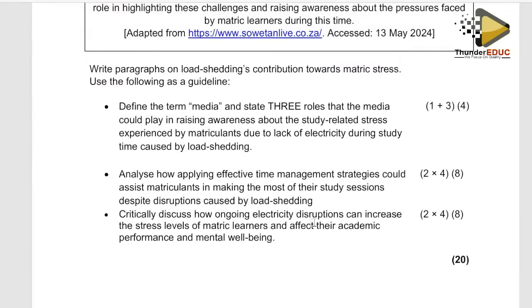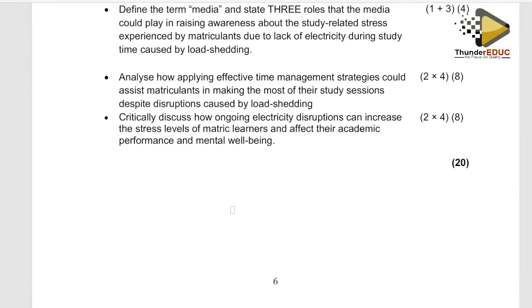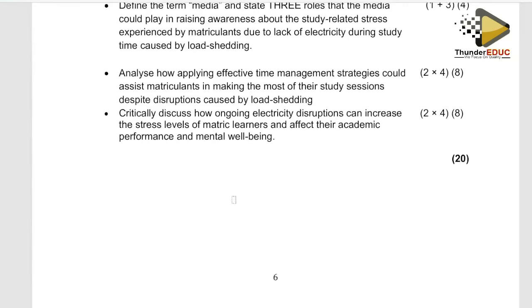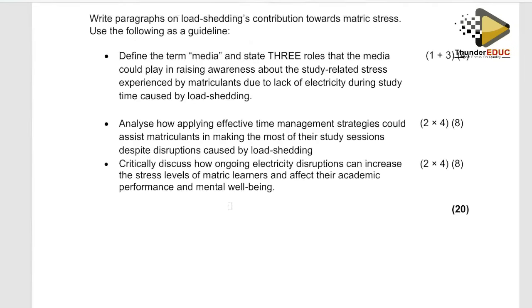Then critically discuss how ongoing electricity disruptions can increase the stress levels of matric learners during their academic year, affecting their academic performance and mental well-being. So we'll start with the first bullet, which says, define the term media and state 3 roles of media in raising awareness about study-related stress.